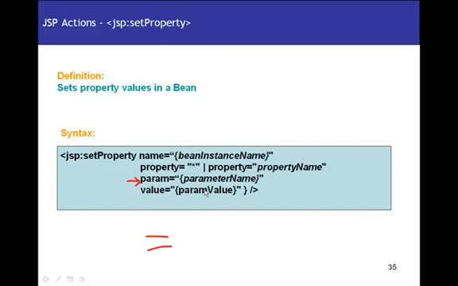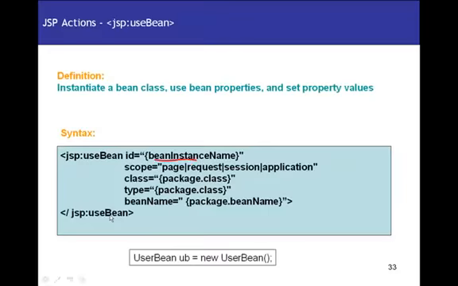But if I use this JSP set property inside my JSP useBean body, it will set the value of that property only when the bean was not found. So we said earlier that with this useBean action, if there is already a bean with this name instantiated, it simply gets the reference to that.